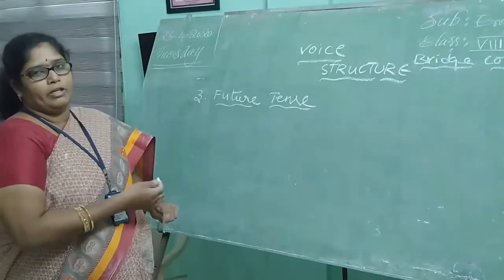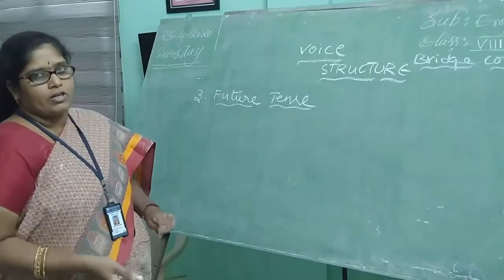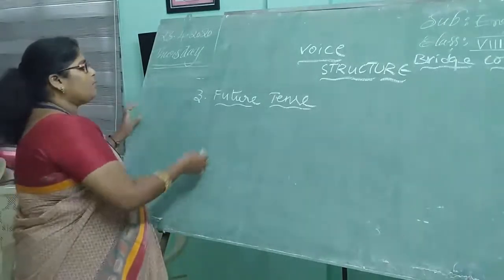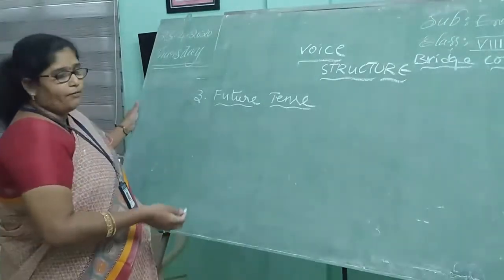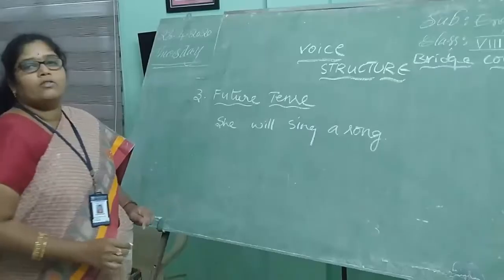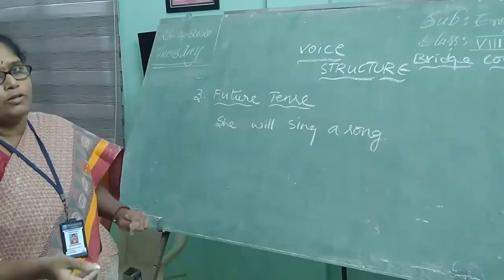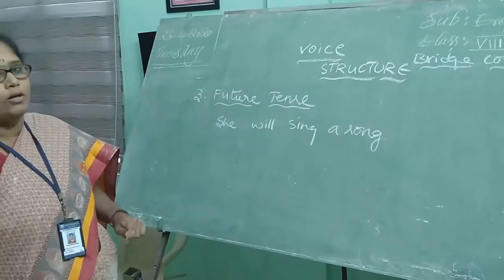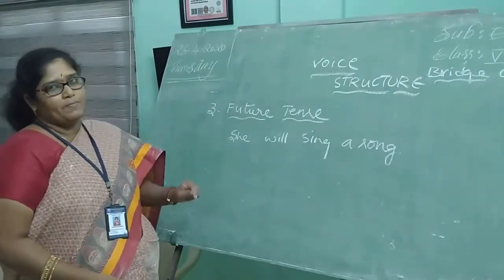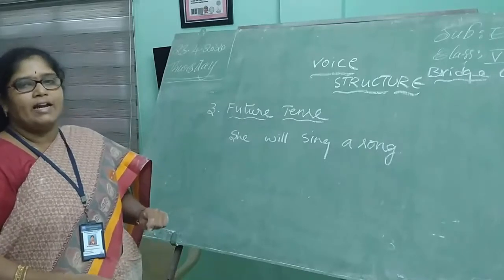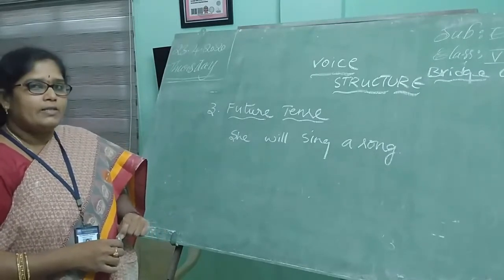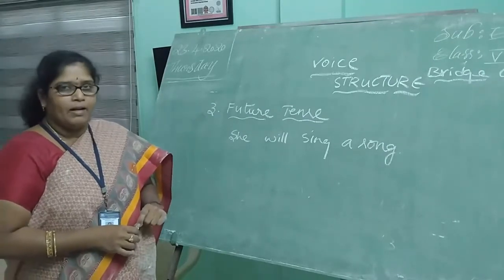Now let me teach you future tense structure, how to change voice from active voice to passive voice, children. Okay, so let me write a sentence of future tense, children. She will sing a song. So generally, children, V1 is present tense, V2 is past tense, and V3 is not a future tense, children, but it is called a past participle.